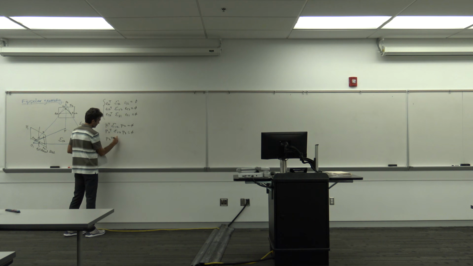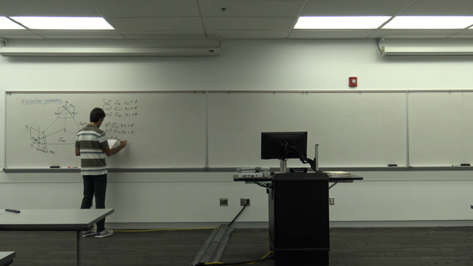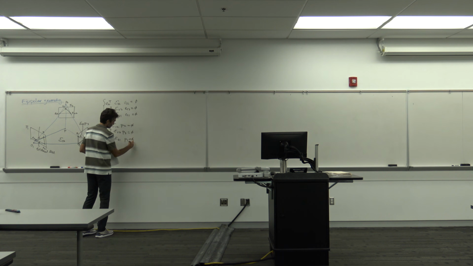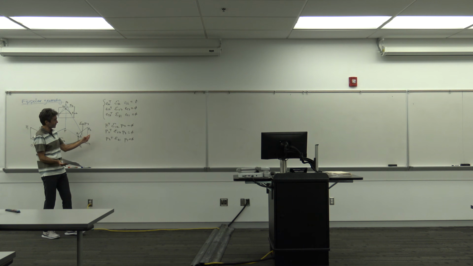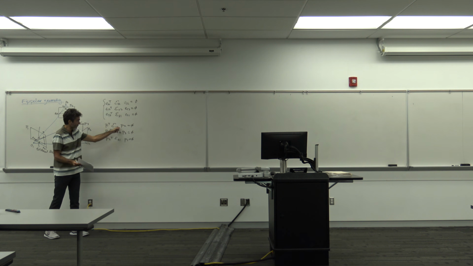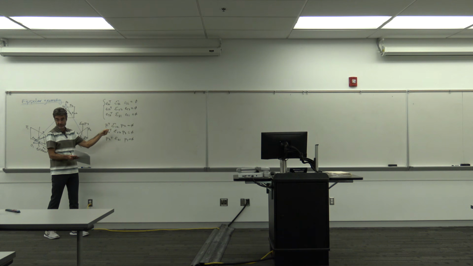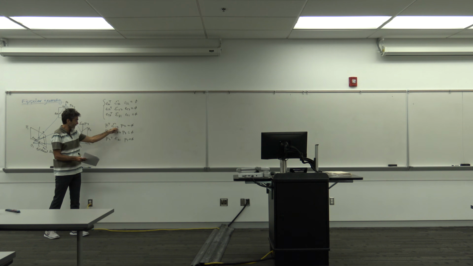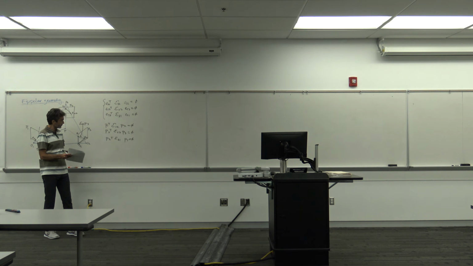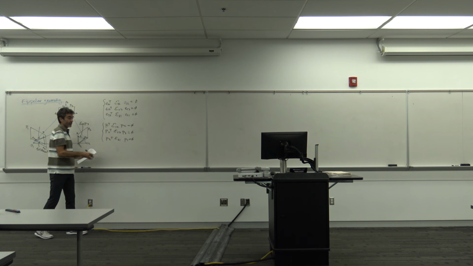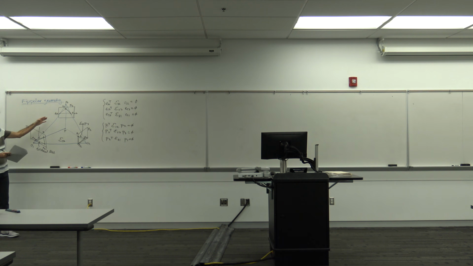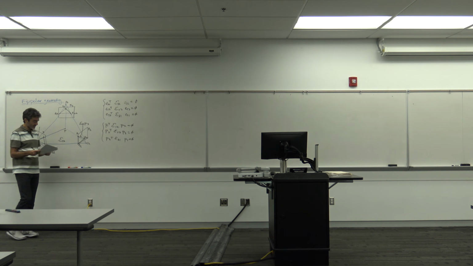And P3, the essential matrix from 3 to 1, P1 is also 0, right? And it's easy to see that I'm going from 1 to 2, and that's what this essential matrix tells me, right? So this number has to coincide with this one and this one with this one, right? So now I have 3 times as many unknowns, but I have 3 times as many equations. So no problem, right? I can still solve this.